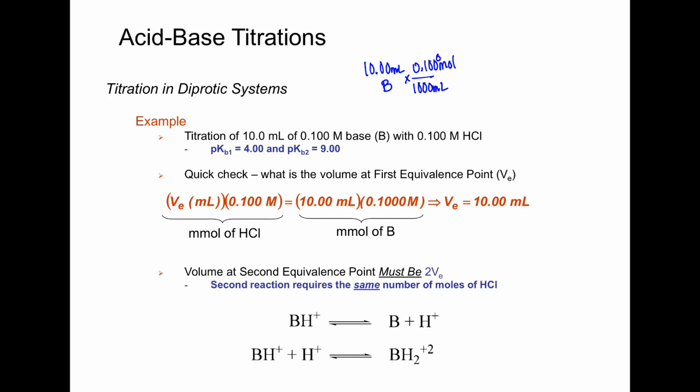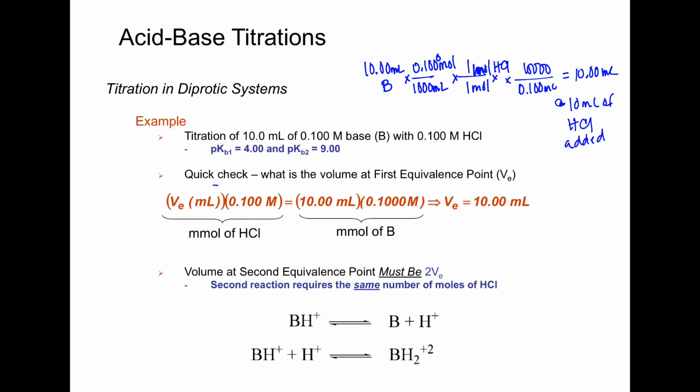We know that they react in a 1-to-1 ratio, and so that's of the HCl. The HCl was 0.1 molar also, so that's 1,000 milliliters, and it comes out to be 10 milliliters. So at 10 milliliters of HCl added, we know we've gotten to the first equivalence point.